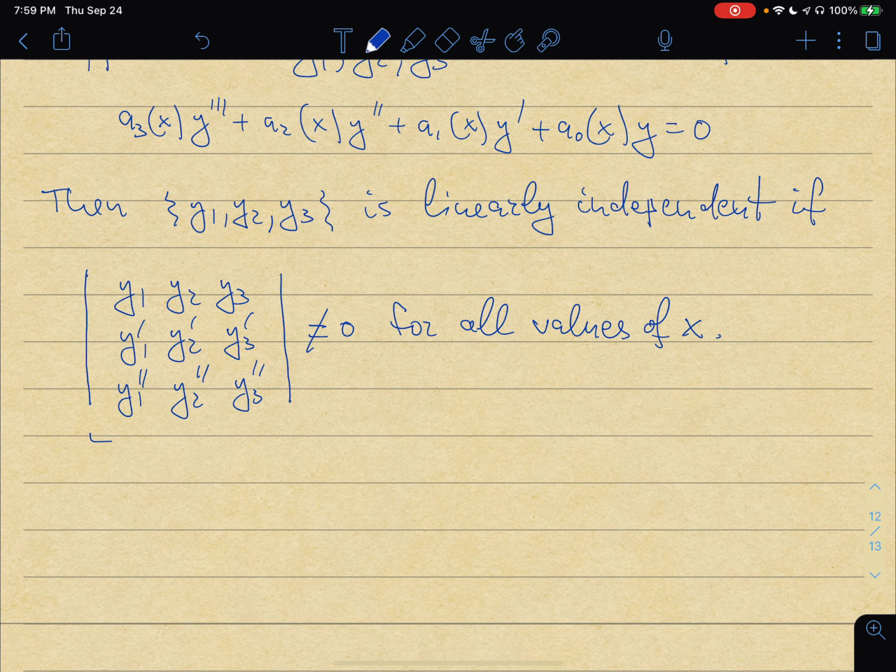Now, this determinant is going to have a special name. We're going to call it the Wronskian of y1, y2, y3.